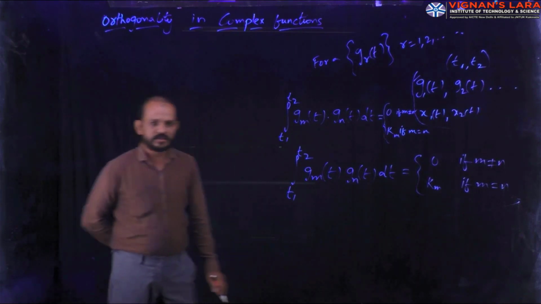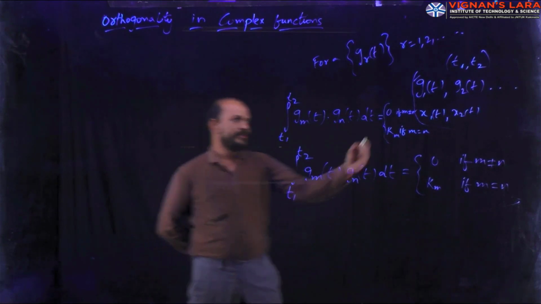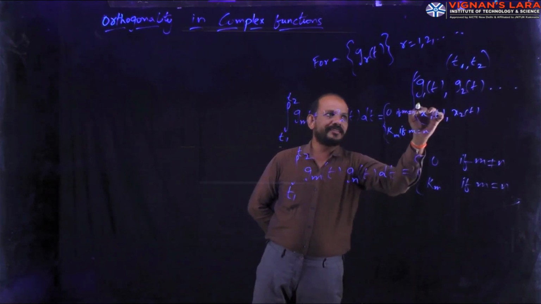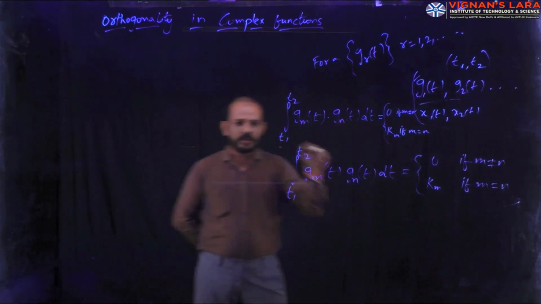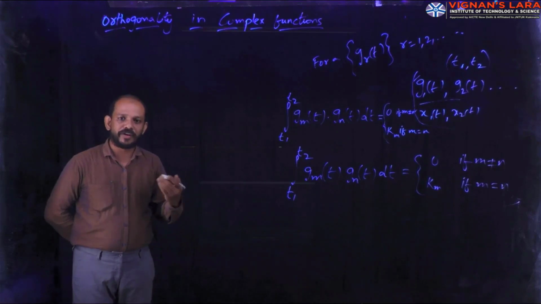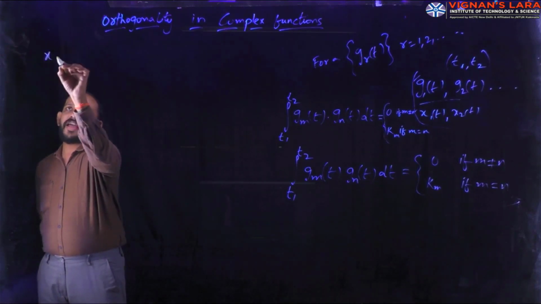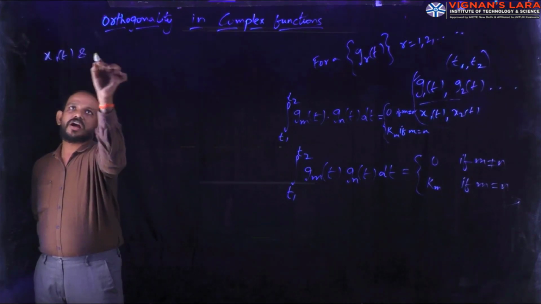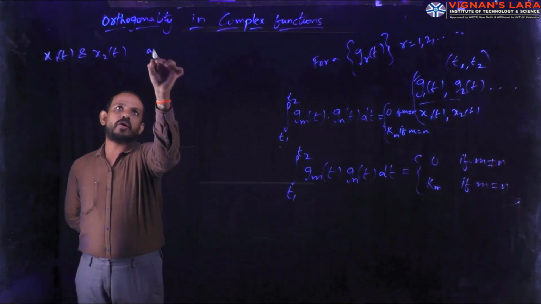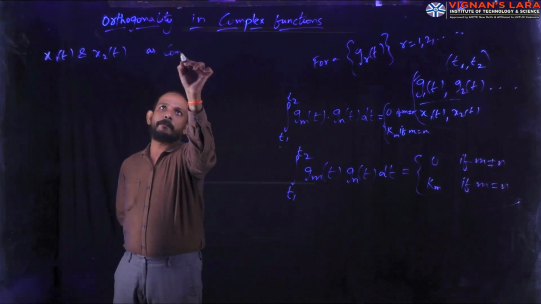Up to now we have taken real functions like g1 of t, g2 of t, g3 of t, and so on, or x1 of t, x2 of t, so I have taken real functions of real variable t. Now I am considering two functions as complex functions. Let us consider x1 of t and x2 of t as complex functions of real variable t.